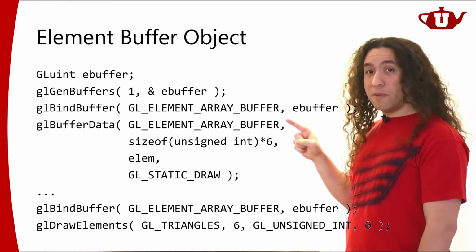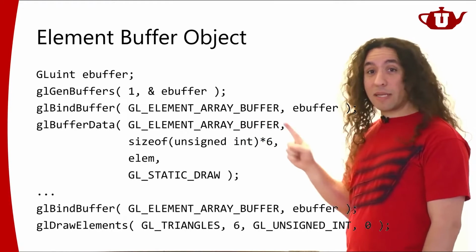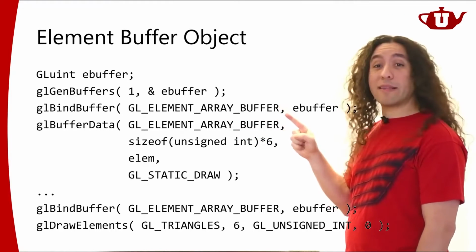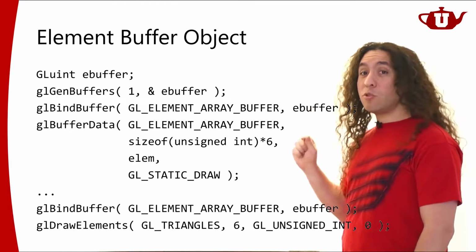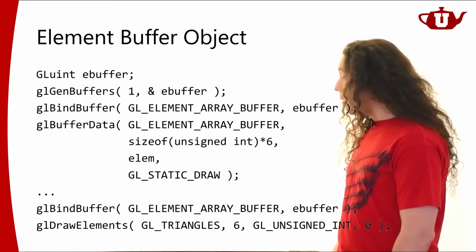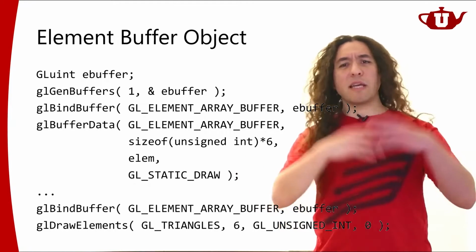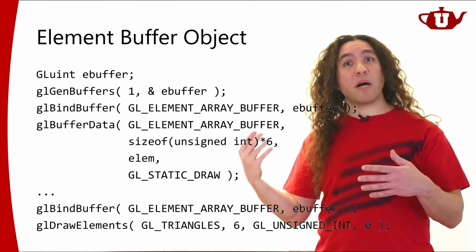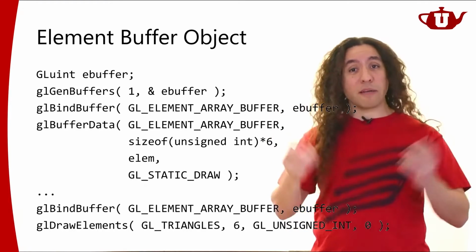I'm binding this buffer as an element array buffer. Right? This is where I define, oh yeah, this is going to be an element array. So I bind this to the element array. Now, in a vertex array object, remember vertex array objects? They contain how buffers are connected to different attributes. It was storing all that information.